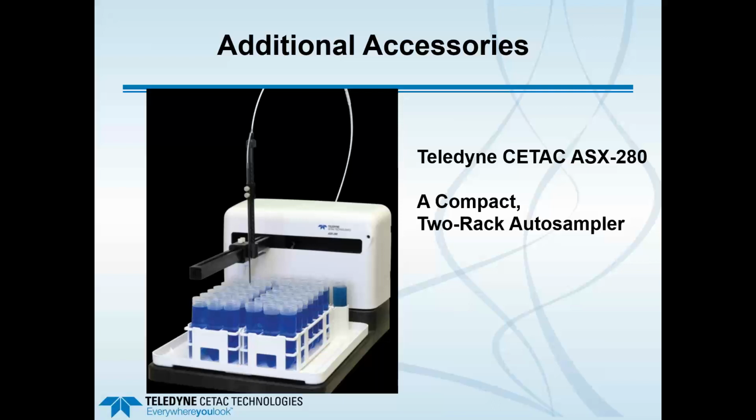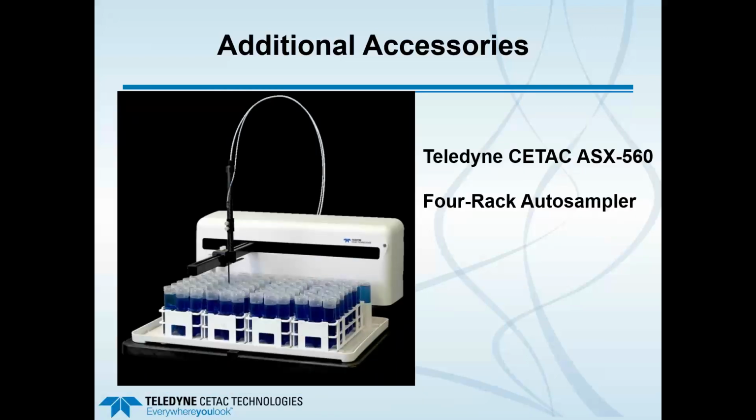So one that you did see in an earlier picture was the Teledyne CETAC ASX-280. This is a compact 2-rack auto sampler. A typical sample capacity: there you see it has 50 ml vials. Those are 21 position racks, so a total of 42 could be placed if you're using those volume samples. 60 position racks are very typical for 15 ml samples, and each rack could hold 60 of those for 120 samples.